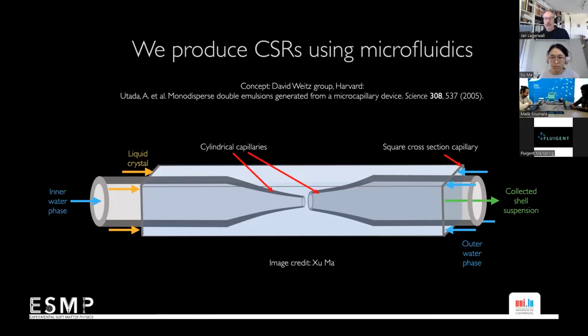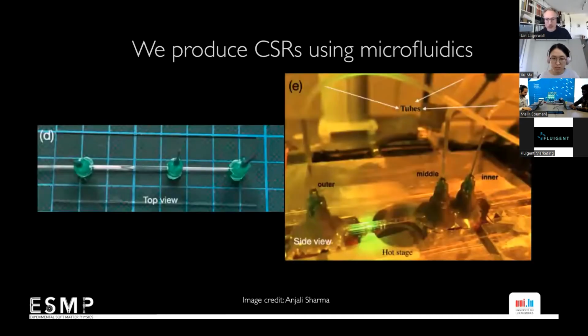And then we can collect the shell suspension here in this second cylindrical capillary, because this capillary injects the internal water phase into the liquid crystal flow that comes here, and then this water flow, because the water doesn't mix with the liquid crystal, flow focuses this double droplet, if you like, into the collection tube.